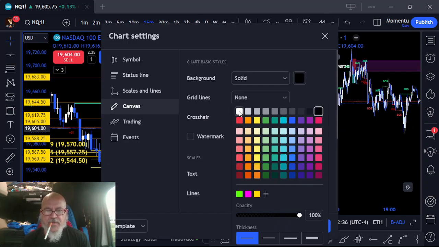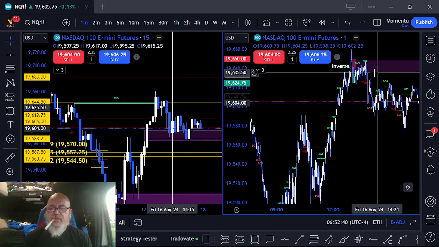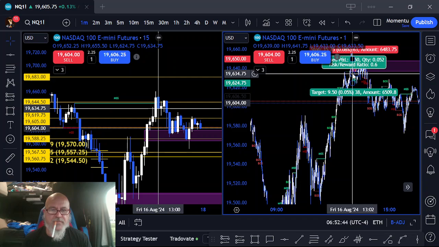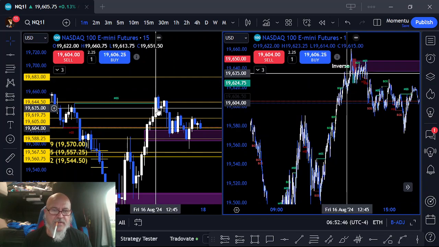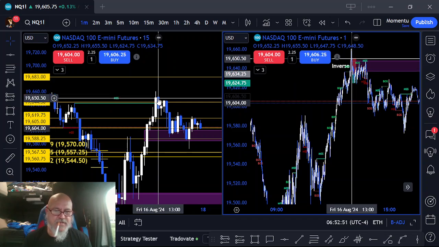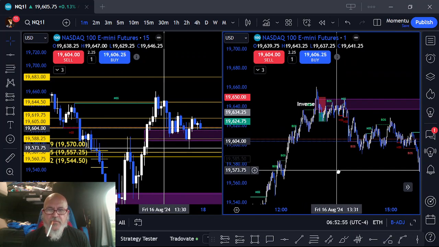Back to white. See the prices I'm looking at. Okay, so my entry is right here, basically on the close of this 15-minute candle.